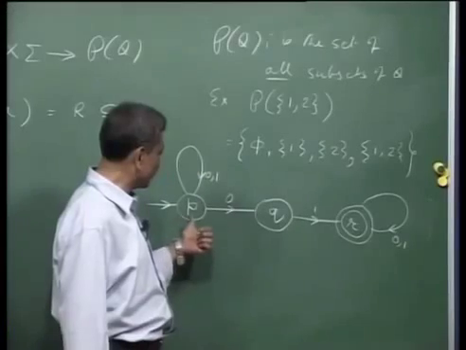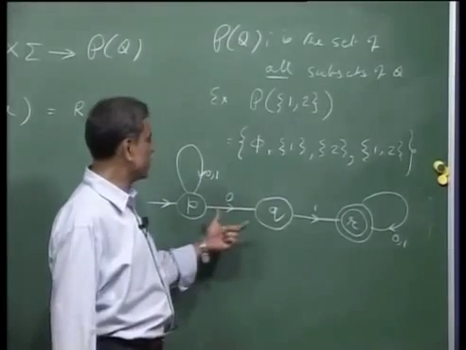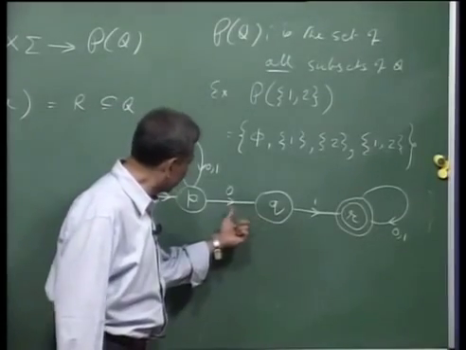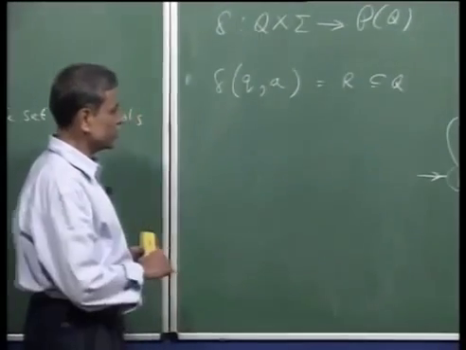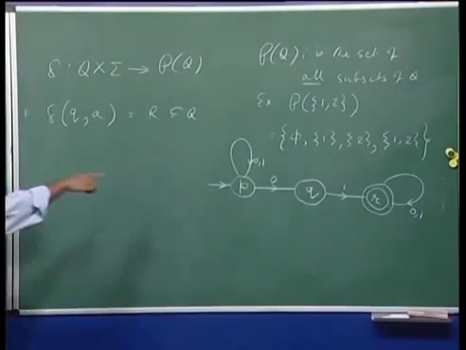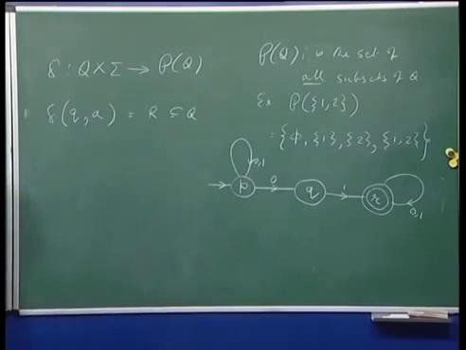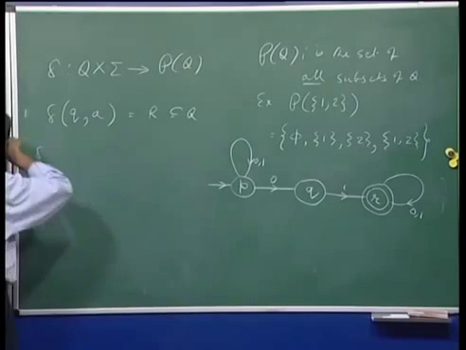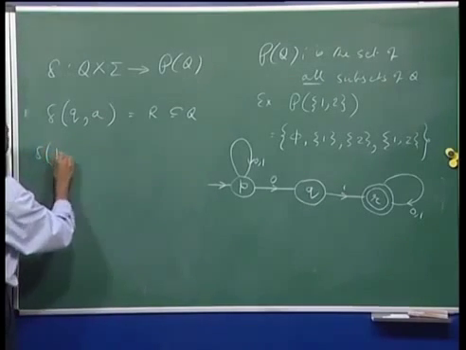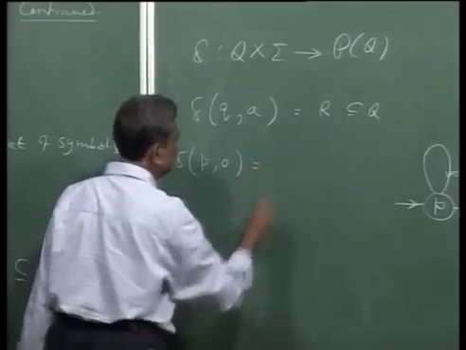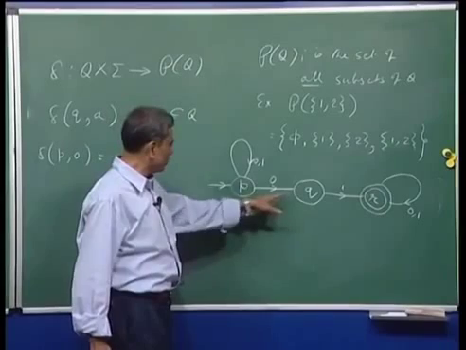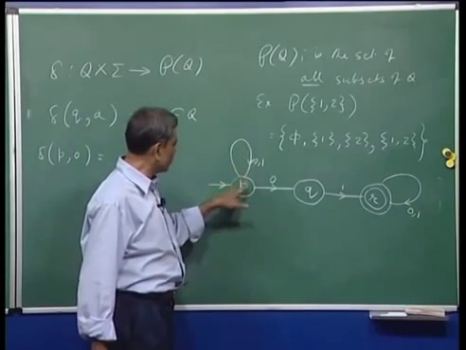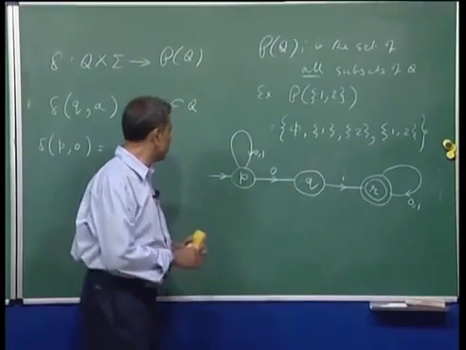It accepts the set of all strings in which the string 0, 1 occurs as a substring. We have seen similar examples before. But in this picture, the transition diagram formally would be written like this: delta of P, 0. Now, which are the states the machine can go to? In this diagram, you can see it can either go to P or it can go to Q on 0.